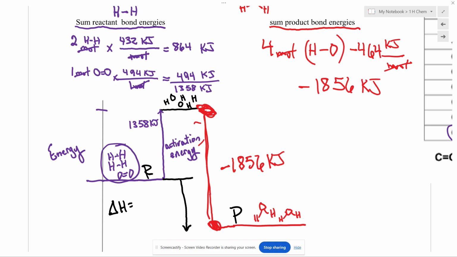So, all we have to do is add these two numbers together. 1,358.